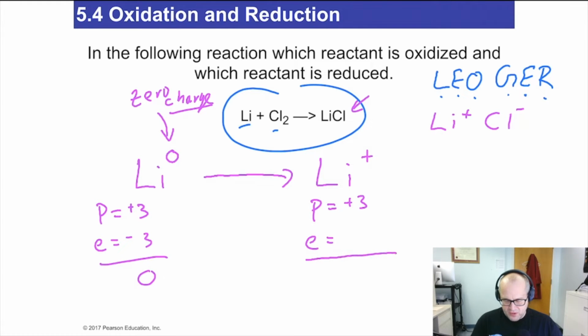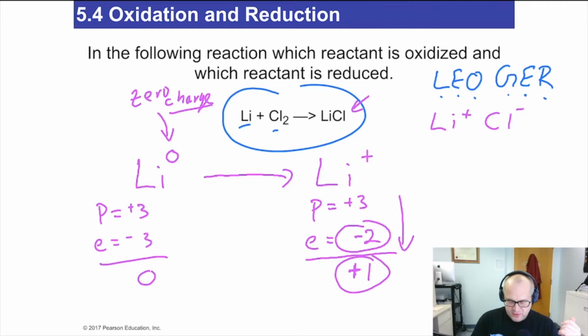But we know the overall charge is positive 1. That's interesting. Well, let's do some arithmetic then. How many electrons must be here in order for this math to work? It must be negative 2, correct? In order for this to be positive 1, plus 3 minus 2 is plus 1. Going from left to right, that's a loss of 1 electron. Are you with me?